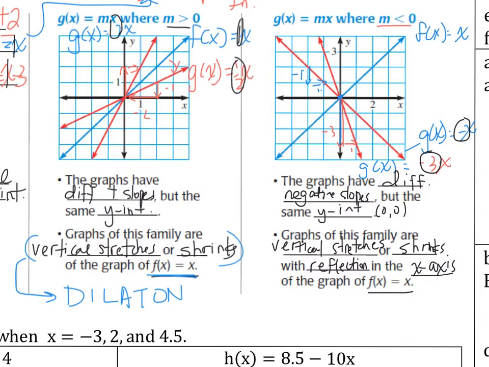So as you can see, this is the parent function, and this red graph here was flipped about the x-axis. So treat this x-axis like a mirror.